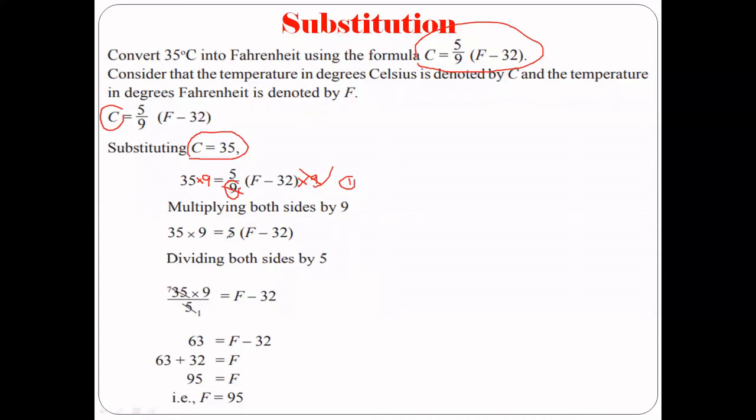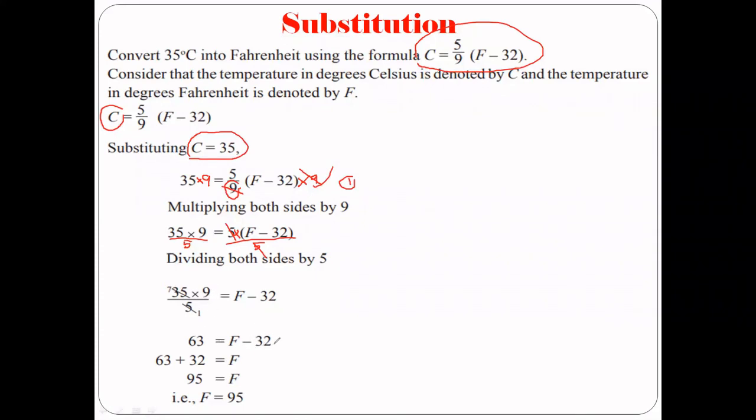Now we want to remove this 5. 5 into bracket. The inverse operation is dividing both sides by 5. Cut this 5 with this 5. So F minus 32 remains. 35 into 9 divided by 5. 5 into 7, 35. 7 into 9, 63. F minus 32.